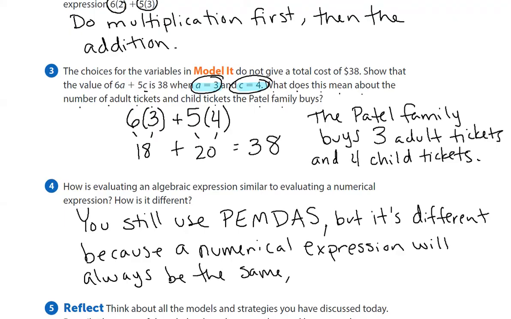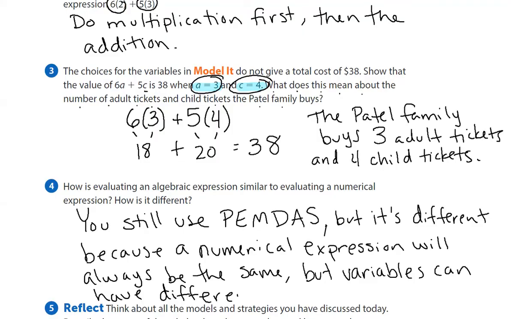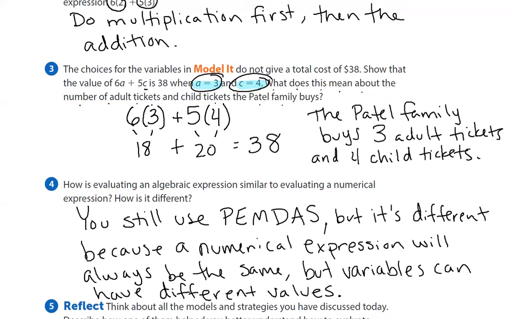But variables can have different values, which we went over yesterday. Those ones had different values more often than these ones.